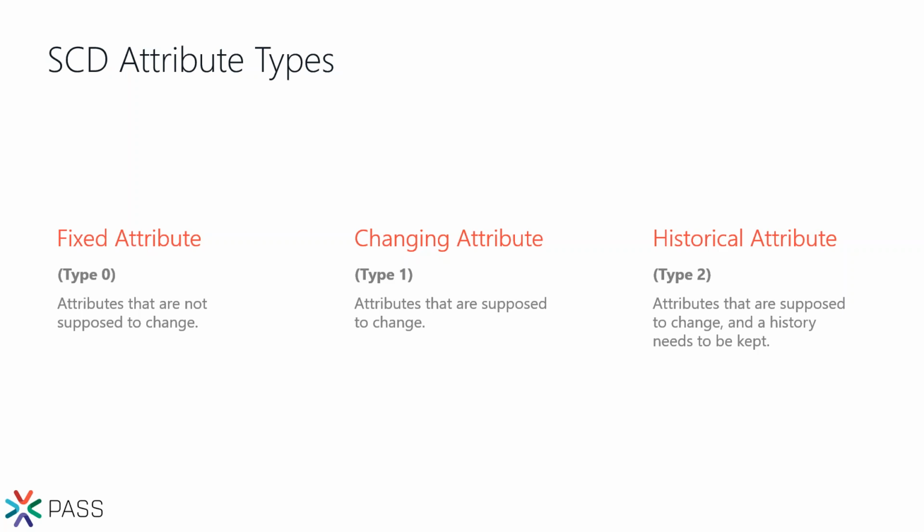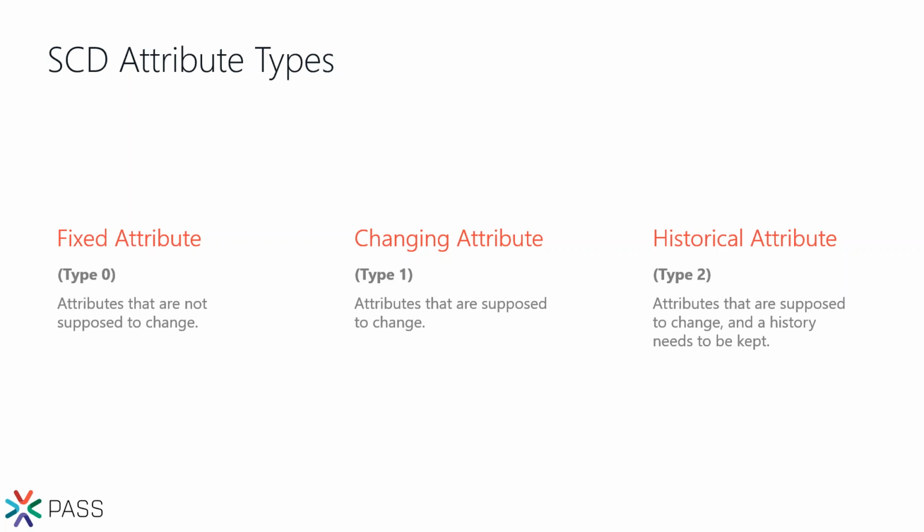Some fixed attributes just say that the dimension table value should never change, like the gender in the dimension table. You could always just say male or female, that type of thing. That may not be a perfect example, but that's one of the fixed attributes.